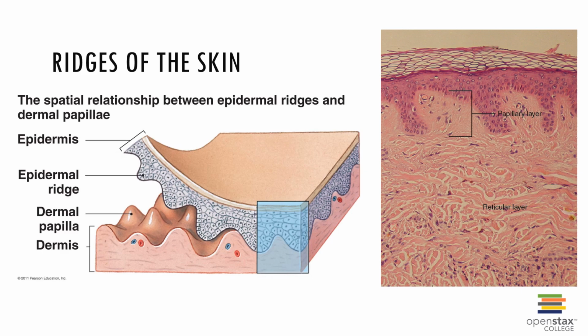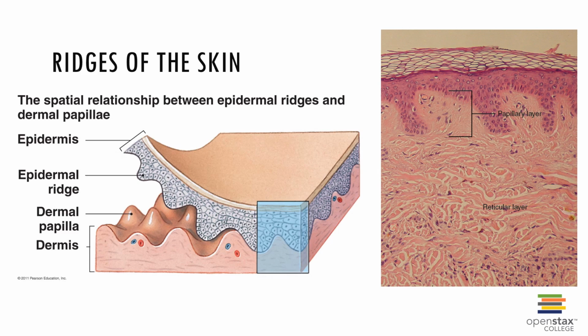Now, the ridges of the skin, the deeper layers of the epidermis, form epidermal ridges, which extend into the dermis and are adjacent to the dermal projections called dermal papillae that project upward to the epidermis.